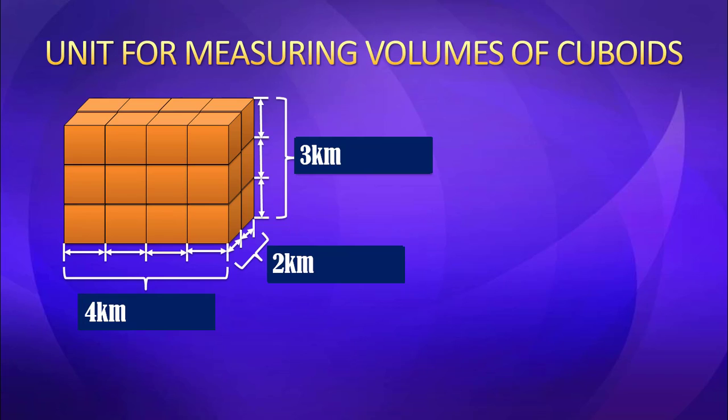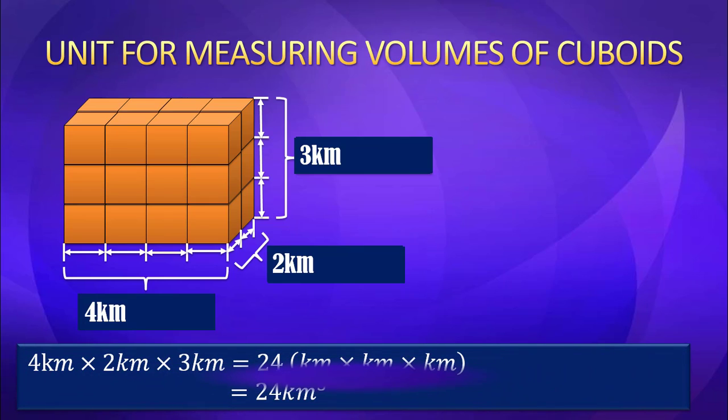So we multiply 4 kilometers by 2 kilometers and then by 3 kilometers, and that will give us the answer 24 kilometers cube. Remember, the volumes of cubes are calculated in the cubic form of the metric units for measuring length.